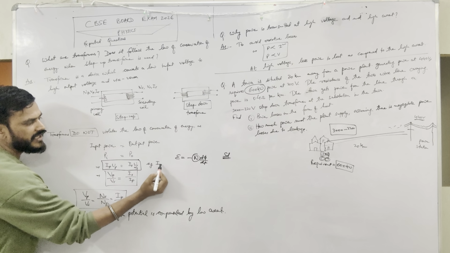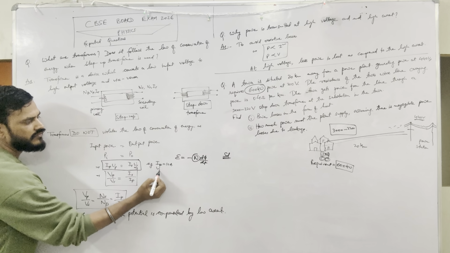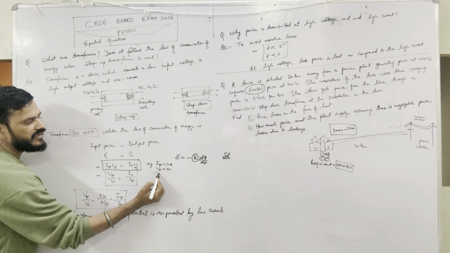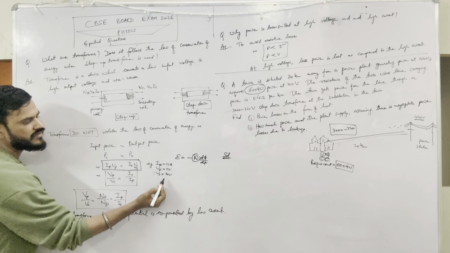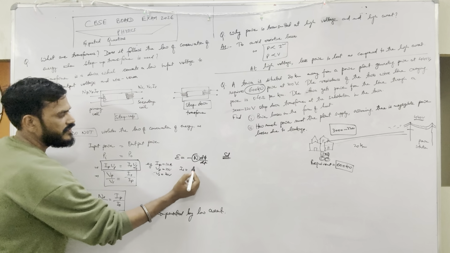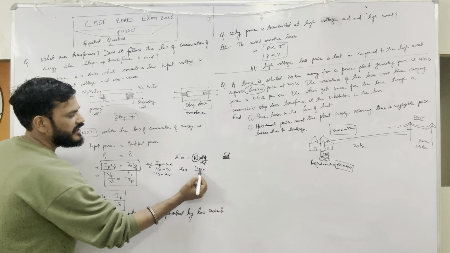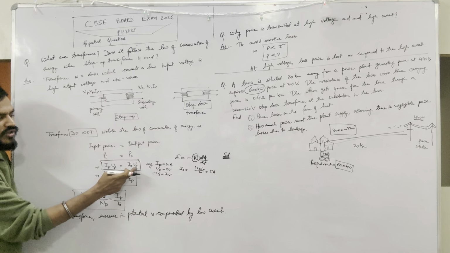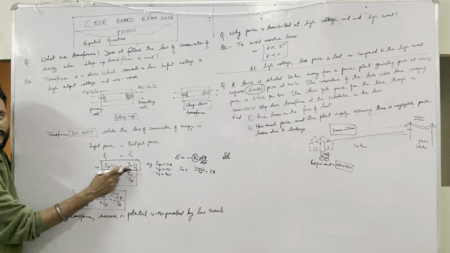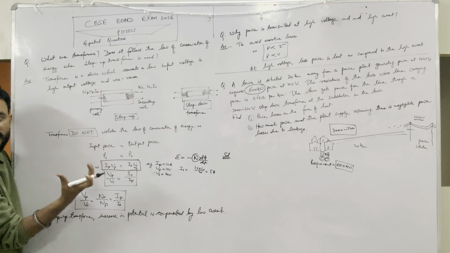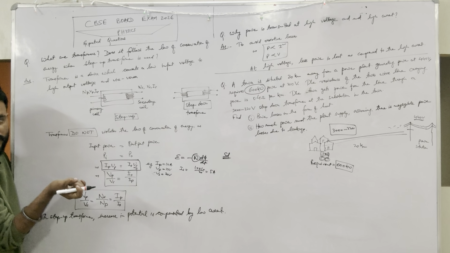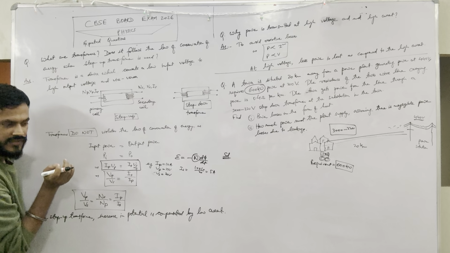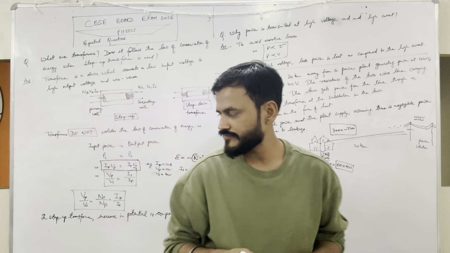If IP is 10 ampere, VP is 10 volt, and VS is 20 volt, so your IS will be 10 into 10 by 20, which is 5 ampere. So you see, if you are increasing potential, current falls proportionately to maintain constant power. So it follows the law of conservation of energy. There is no violation.